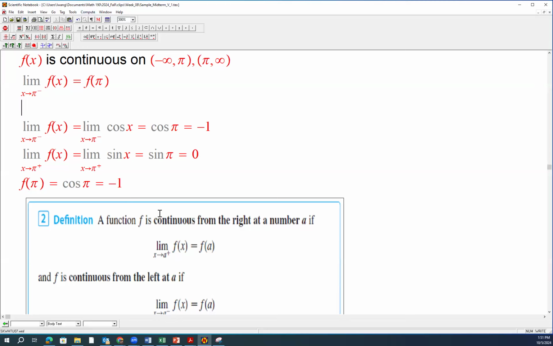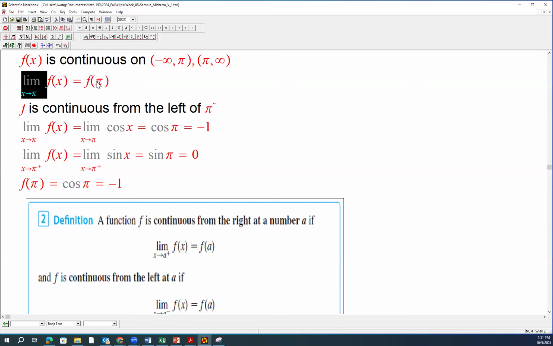So what do we say? F is continuous from the left of pi. That's what this says.